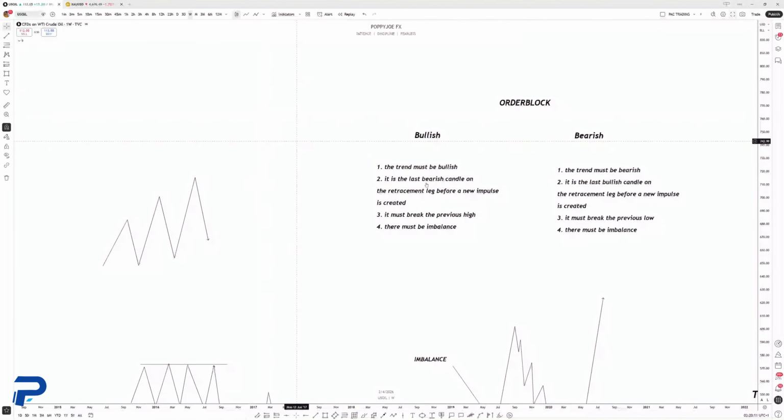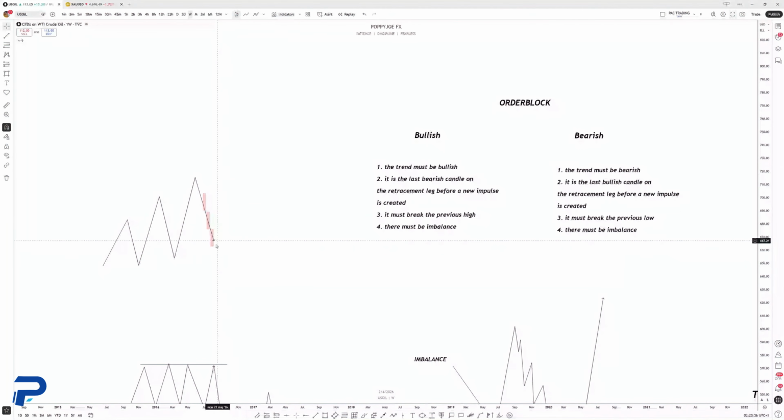Now it is the last bearish candle on the retracement leg before a new impulse. These are retracements, so obviously the market is going down with bearish candles. The last bearish candle on this leg is the one we refer to as our order block.